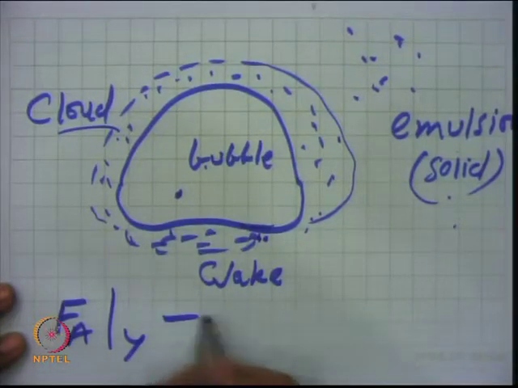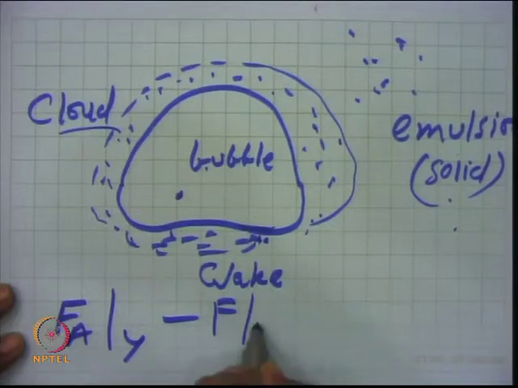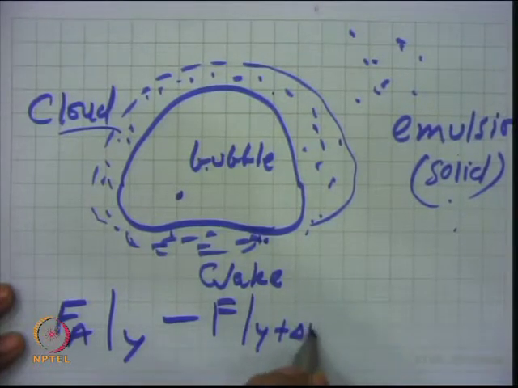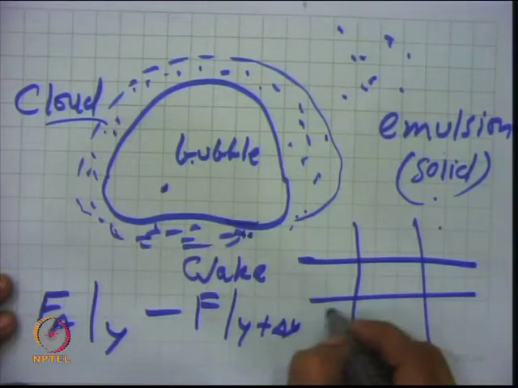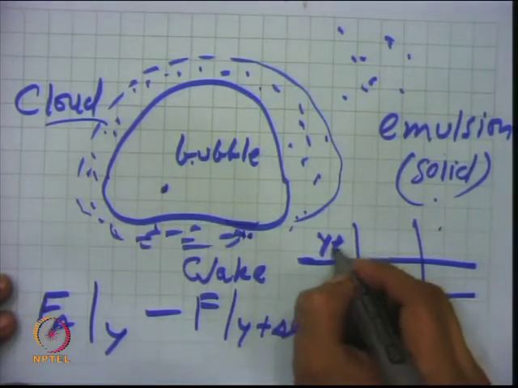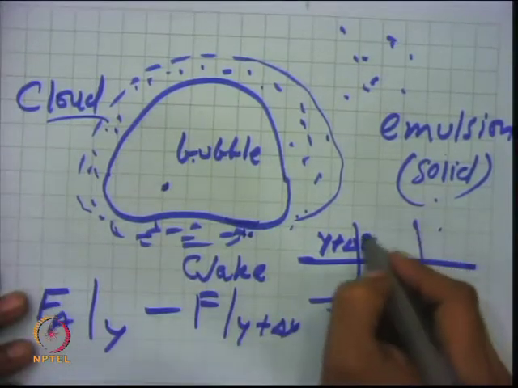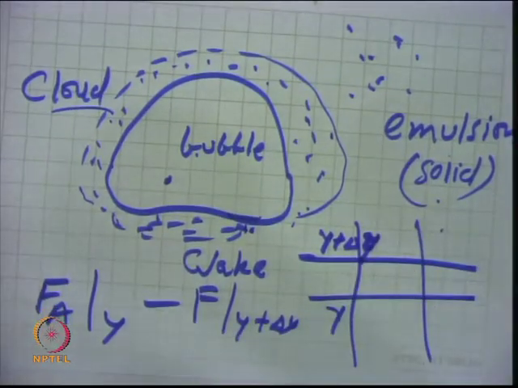So, basically it is a mole balance. If I write FA at y, same thing at y plus delta y, and this is happening in a column where this is your y and this is your y plus delta y. So, basically this y is the height of the column, right.